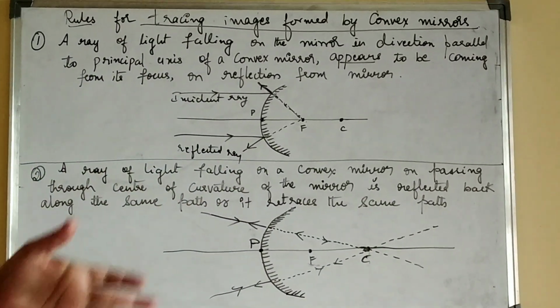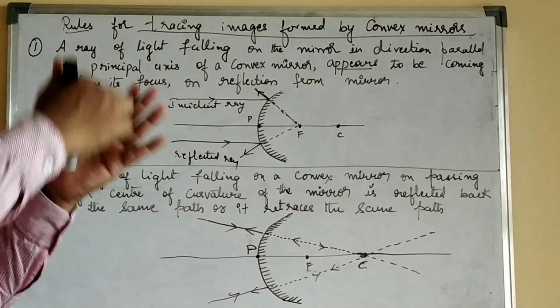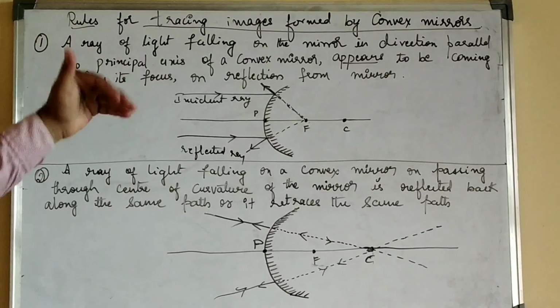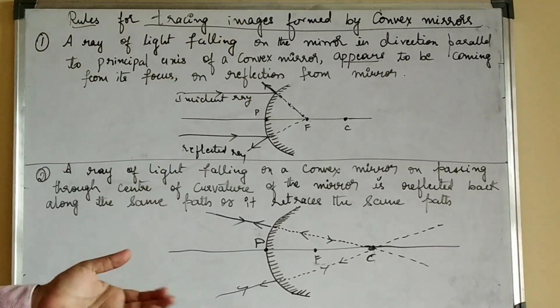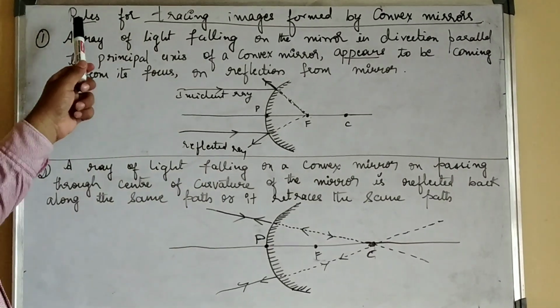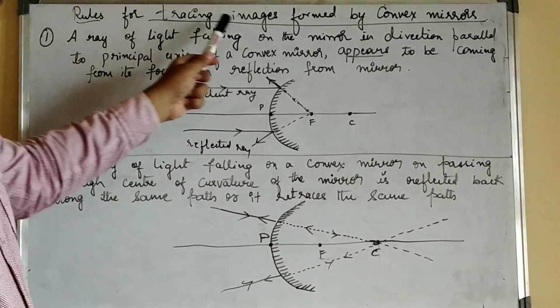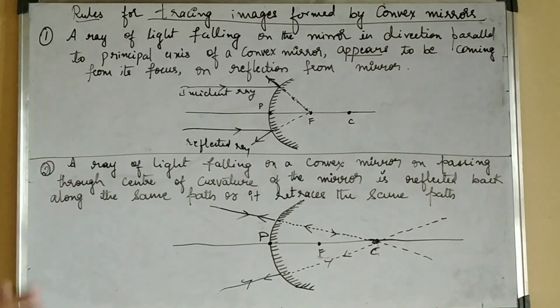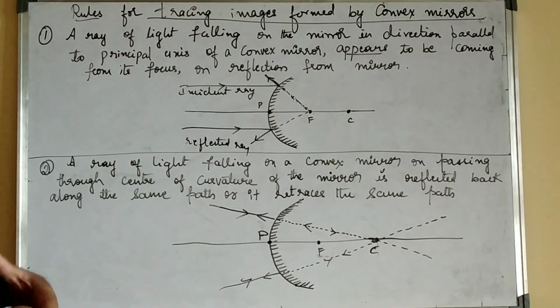Now let us see. Just like the concave mirror, for which we studied 4 rules on how to trace the images, similarly here also there are 4 rules. That is, rules for tracing images formed by convex mirrors. Now, be careful while drawing the image formation in a convex mirror.